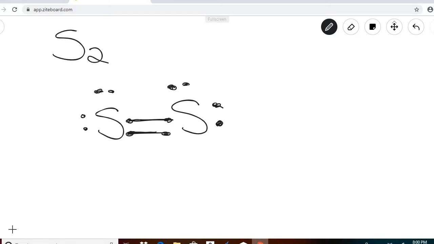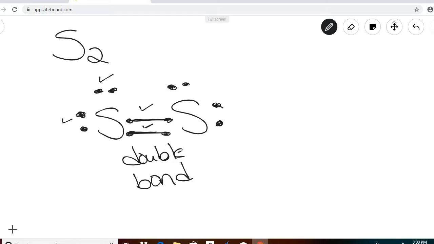So this is the sulfur molecule, the sulfur atoms are bound together with a double bond. So this is a double bond. And each of the sulfurs has its 8 valence electrons. 2, 4, 6, 8 for that one. 2, 4, 6, 8 for that one.